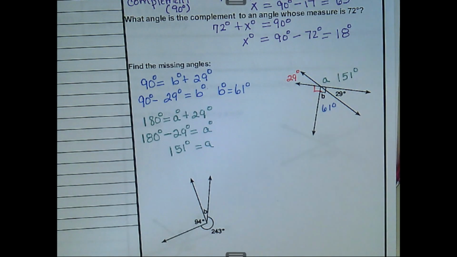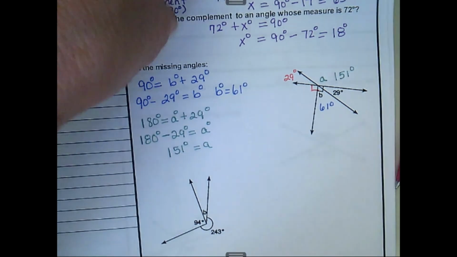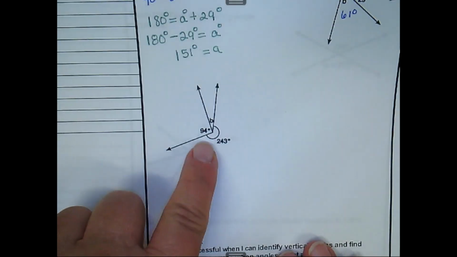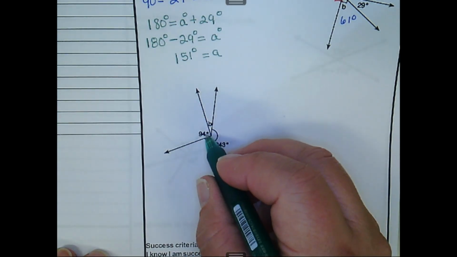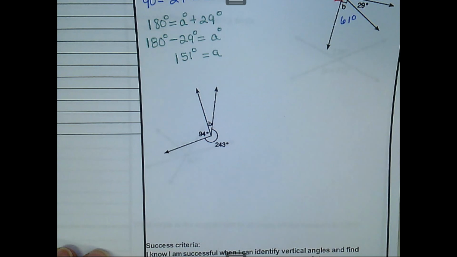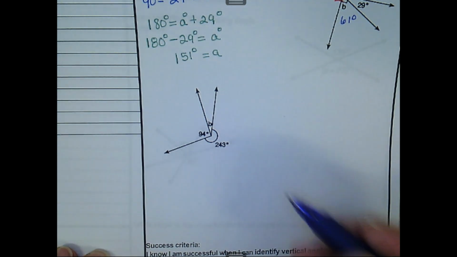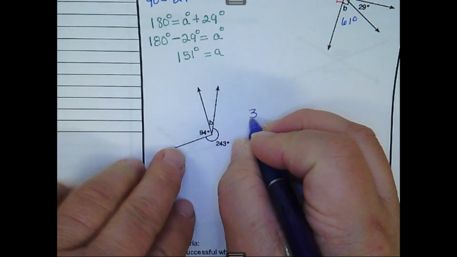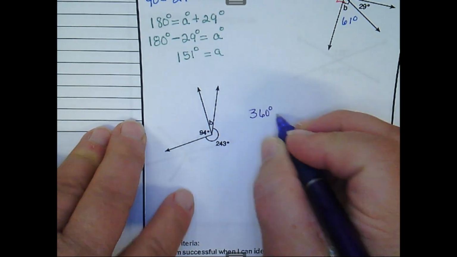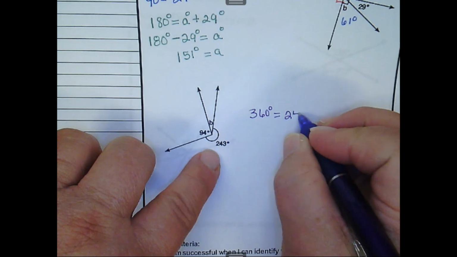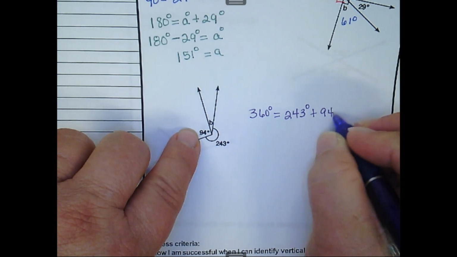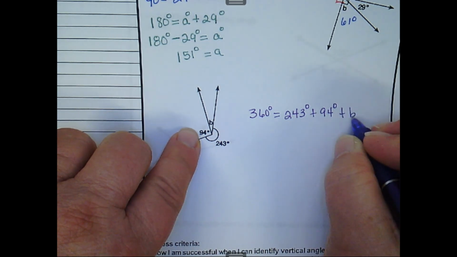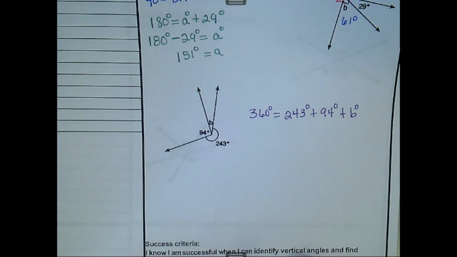Okay, now on the next one, there is only one way to find angle B. If we look, we could form that circle right here, and we know how many degrees are in a circle. 360 is correct. So 360 degrees is equal to 243 degrees plus 94 degrees plus B degrees. Now what?